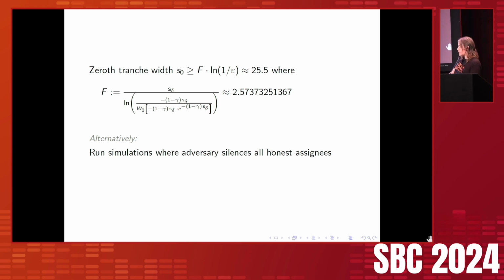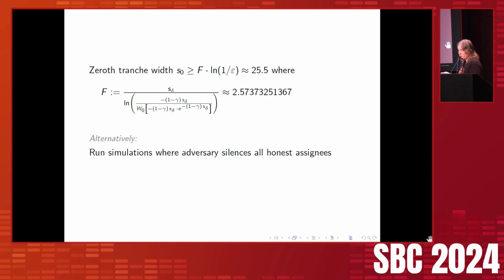The computation from the paper looks like this, just doing some probability theory to come up with it. Gamma is the proportion of dishonest nodes. It depends on the soundness error, on the proportion of dishonest nodes, and also on how many we're assigning per later tranche.